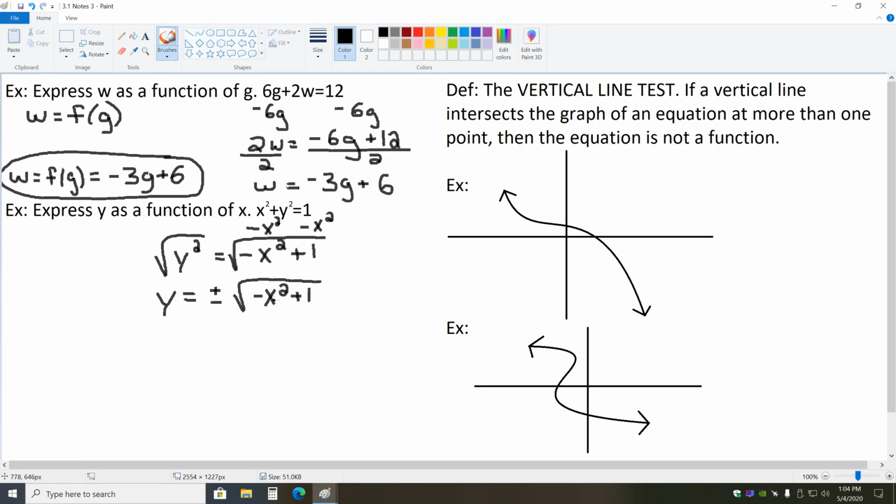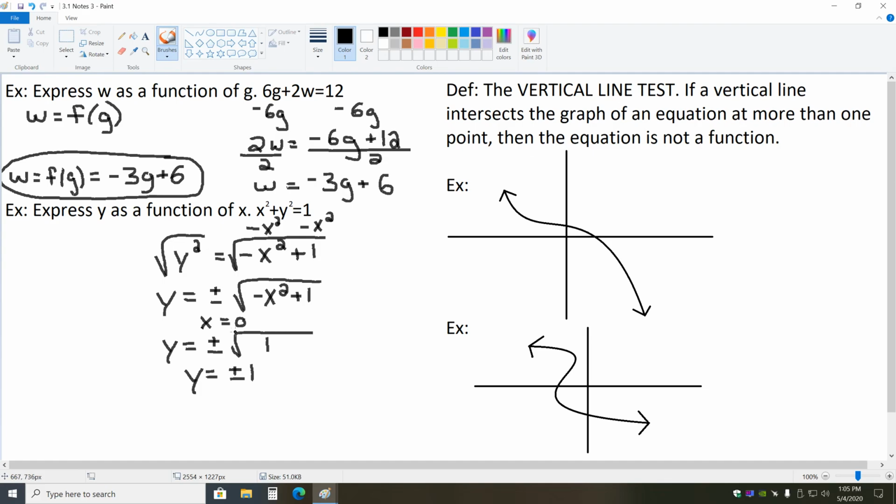What happens if we were to plug, for instance, 0 in for x? If x equals 0, then that means y equals plus or minus the square root of negative 0 squared plus 1 will just leave us with 1. So y equals plus or minus 1 when x equals 0.